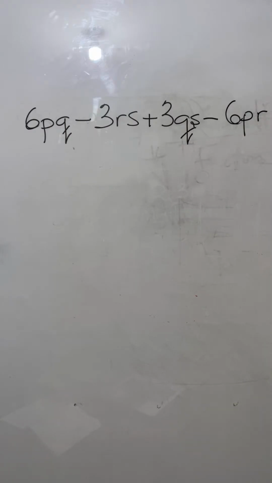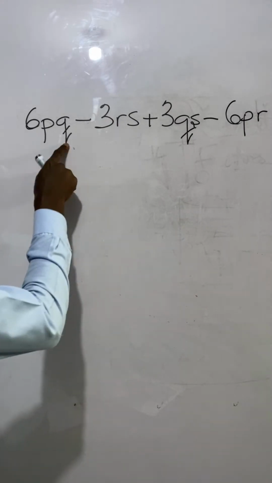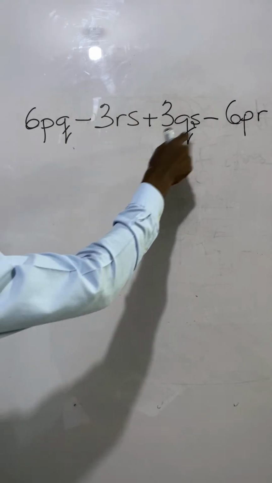First things first. What's the first thing we have to do? The first thing we have to do when it comes to simplifying this kind of expression is to group terms that have similar alphabets in them. So we have 6PQ here, I have 3QS.